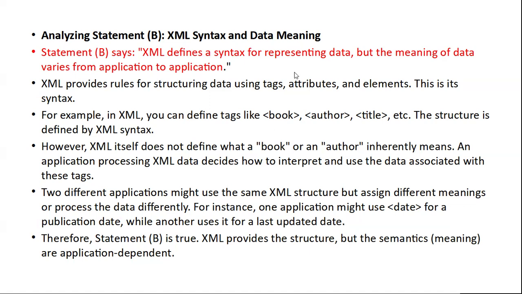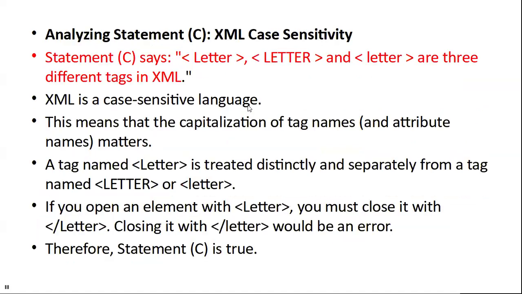So this statement is true: the meaning of data varies from application to application. The last option is that XML is case sensitive. That is also true, because XML is a case sensitive language. This means that capitalization of tag names matters. With different capitalization, each of these three tags is different.